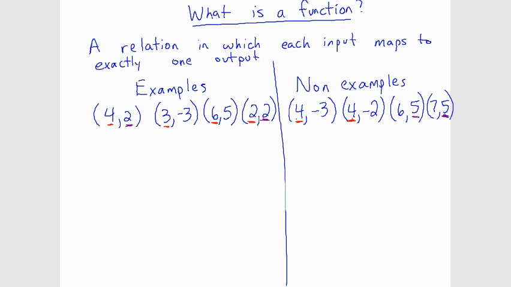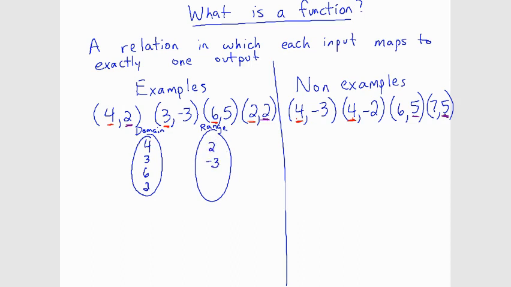Let's look at another way of representing functions, and that's with mapping diagrams. Generally, they're labeled with two ovals. This is the domain, and this is the range. And this is best, vocabulary-wise, what represents what a function is when we say maps to. So I took my coordinate pairs, 4, 3, 6, and 2, and I got 2, -3, and 5.